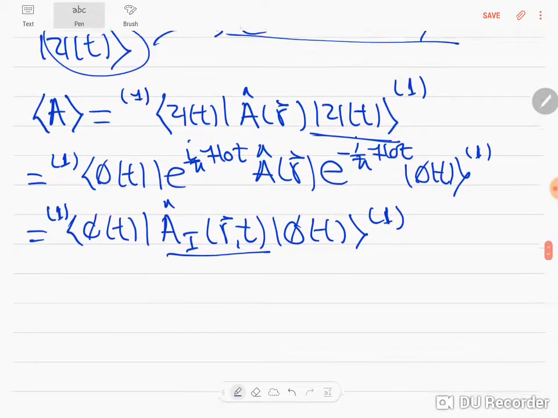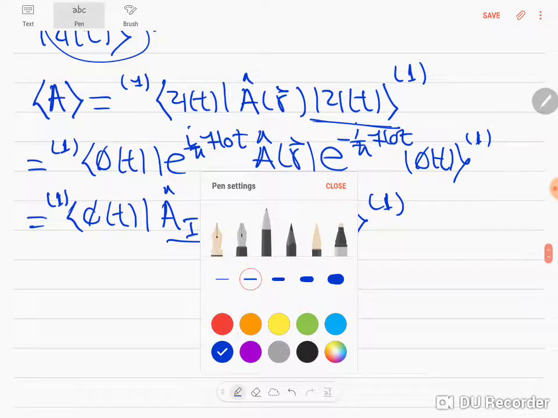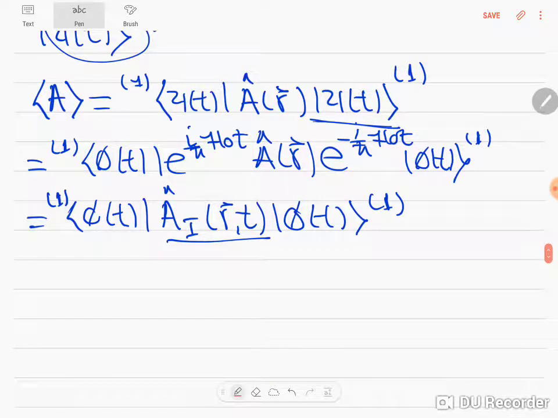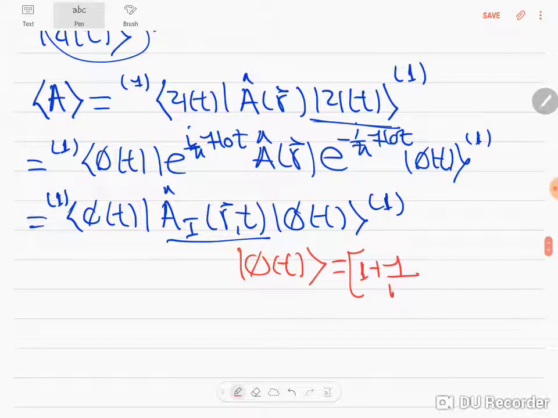What we can recall is that φ(t), we already said, is written to first order as 1 plus 1 over iħ, the integral from minus infinity to t, dτ W_I(τ), acting on φ(−∞).